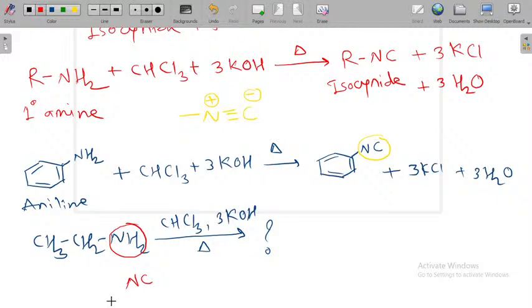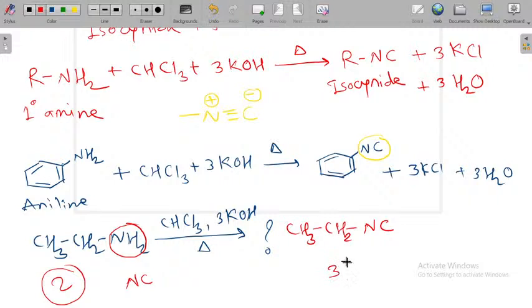This reaction is also called a step up reaction because if you see the functional group, isocyanide, one carbon atom is increased. First of all, CH3CH2NC: how many carbon atoms are there? There are 2 carbon atoms.